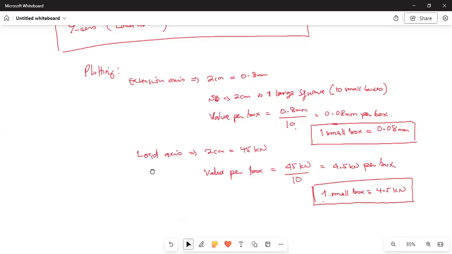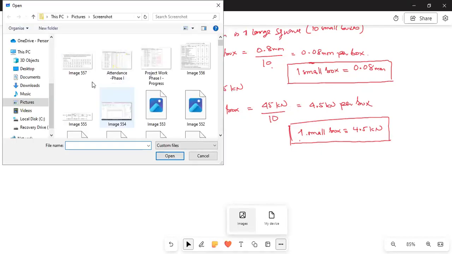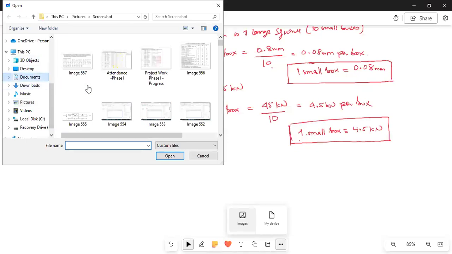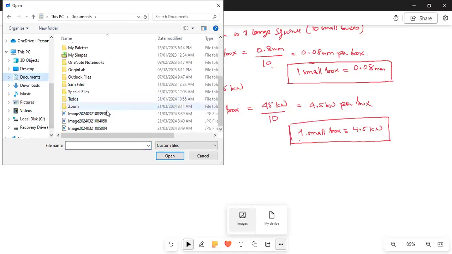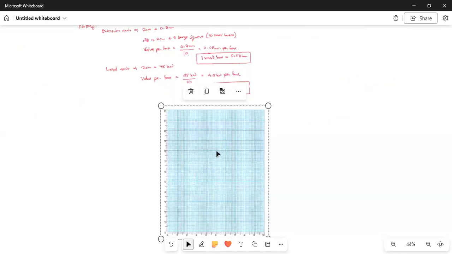Now we are going to plot our graph. So I'm going to pull my graph sheet that was shared by my able computer lizard.